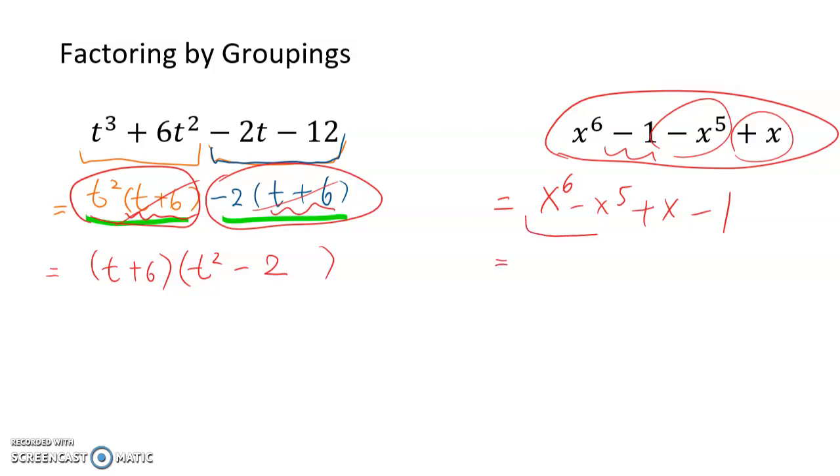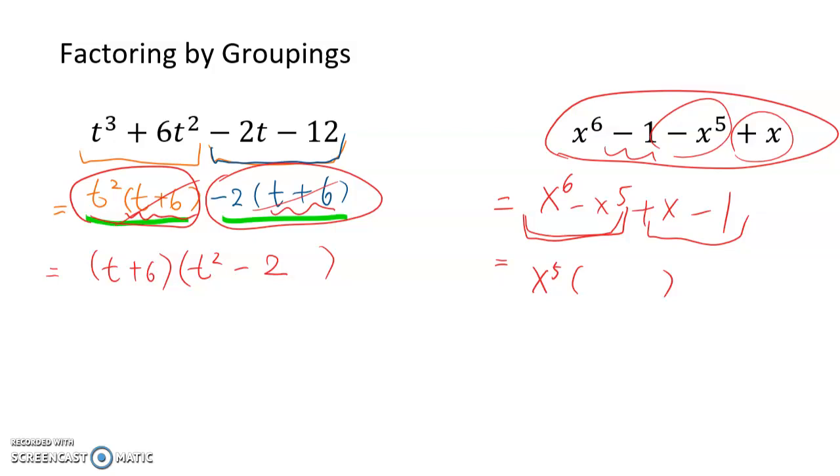I'll first group the first 2 terms into one group and the last 2 terms into one group. For the first group, the GCF is x to the 5th. Factor that out.